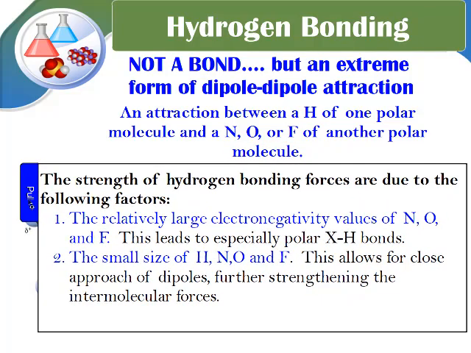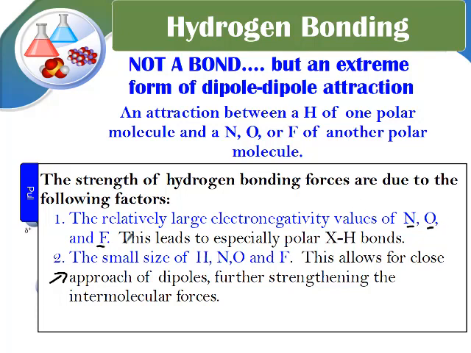Why hydrogen bonds are so much stronger than a regular dipole-dipole is because we had just said that dipole-dipole wants small atoms and large electronegativity differences. Well, nitrogen, oxygen, fluorine, and hydrogen are all very, very small atoms, which allows the dipoles to get very close to each other, strengthening that attraction.